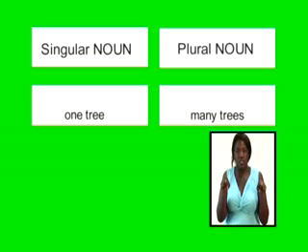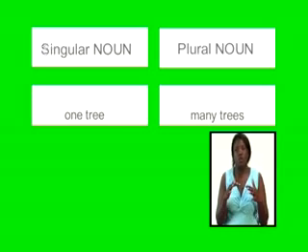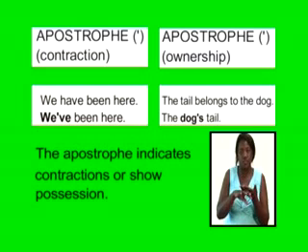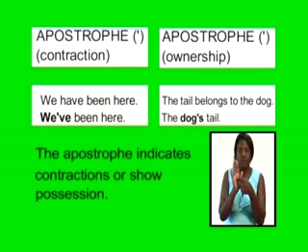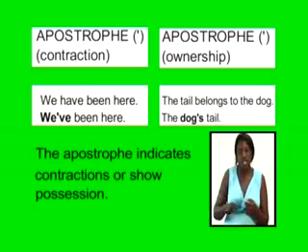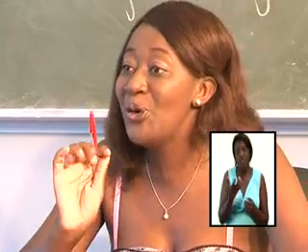The apostrophe indicates contractions or shows possession, or ownership. Okay? Yes, like when we say, we've been here. This shows a contraction. But if we say, the dog's tail, the tail belongs to the dog, so that indicates ownership. Well done, Chantel. And now that you have highlighted the difference between the plural and the apostrophe.